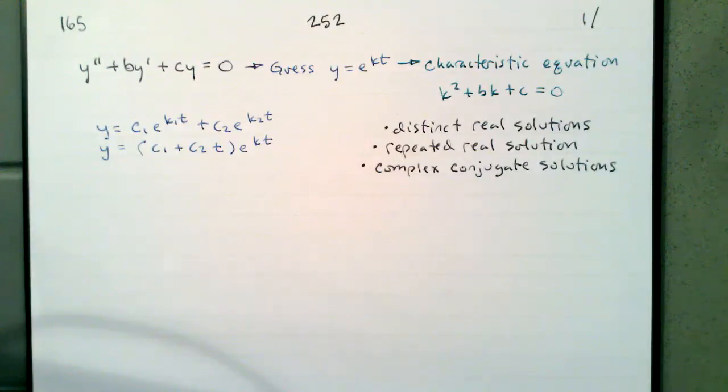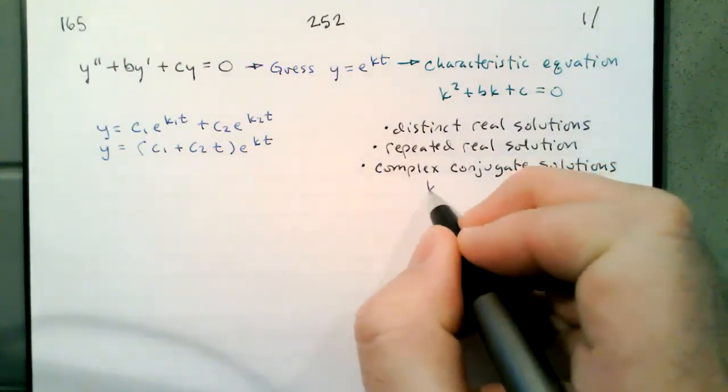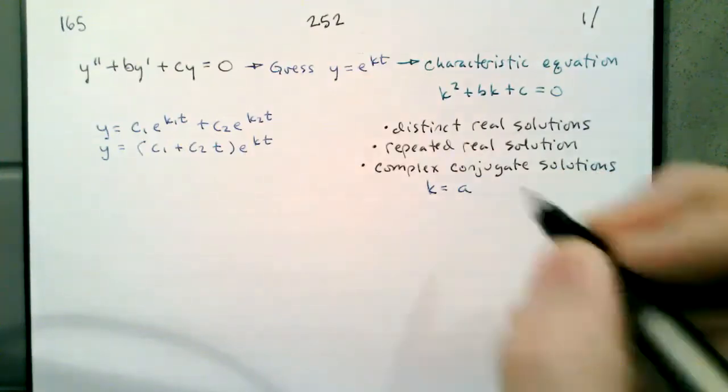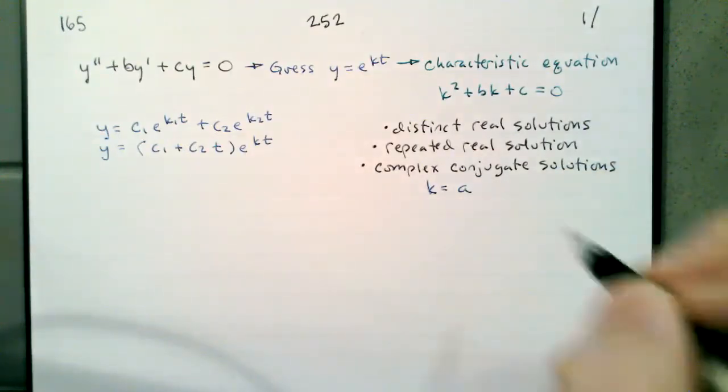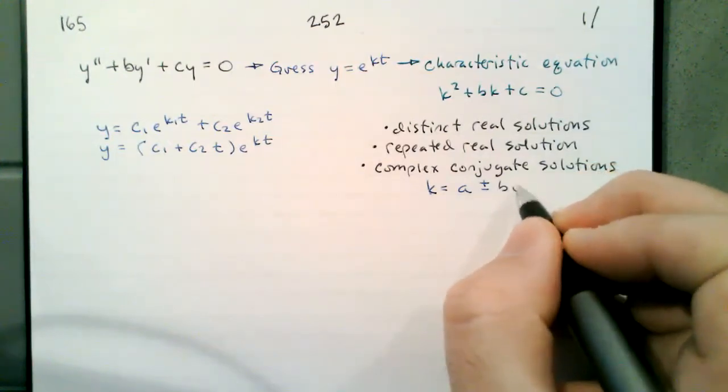But what if the complex conjugate solutions are complex with a real part and an imaginary part? So if we have complex conjugate solutions, say k equals a plus or minus bi.